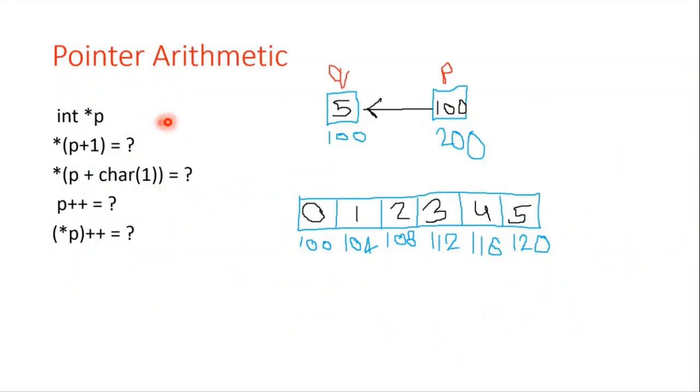Pointer arithmetic. What is it? When we do arithmetic operations on a pointer, it is called pointer arithmetic. Here we have a pointer variable p which is pointing to another variable q which has 5, and this is, you can say, an array.